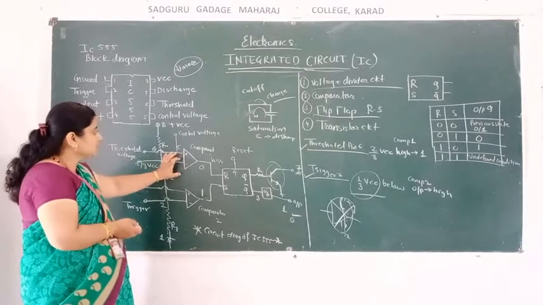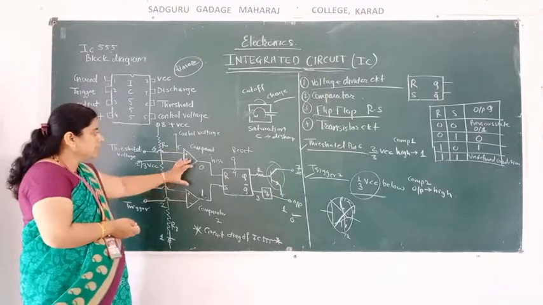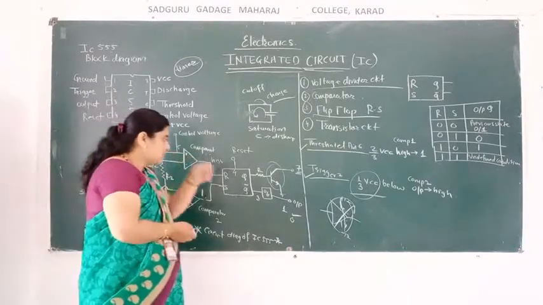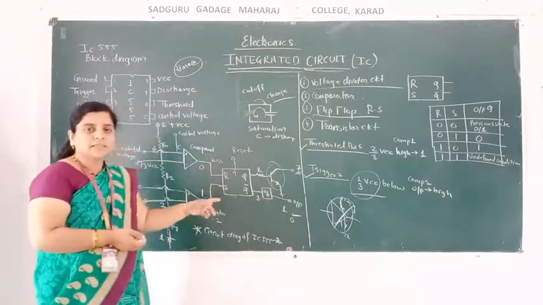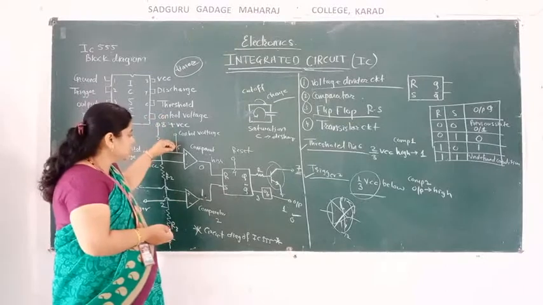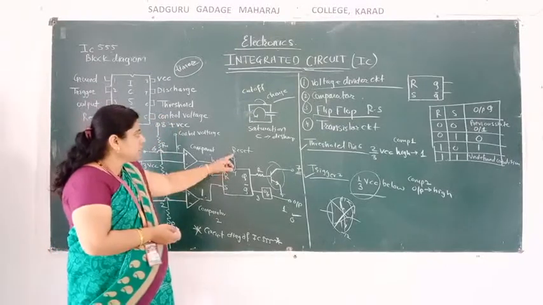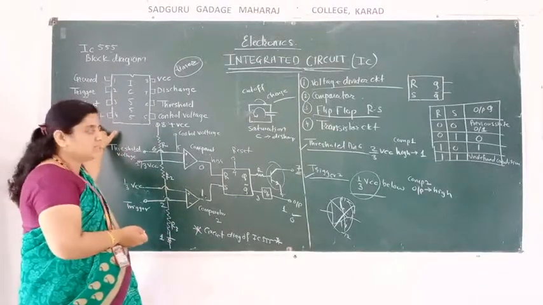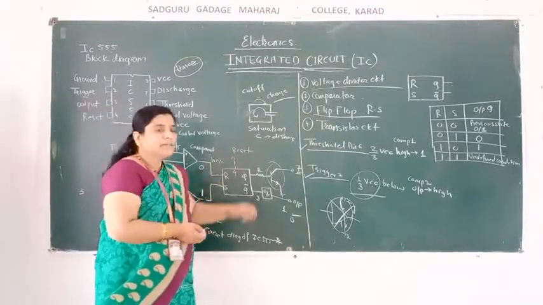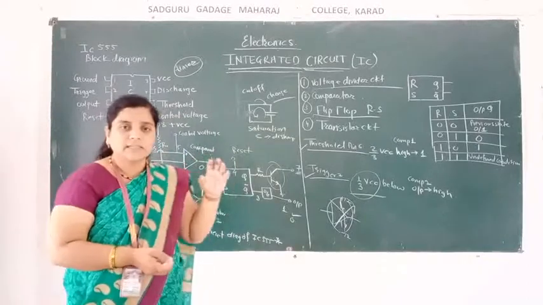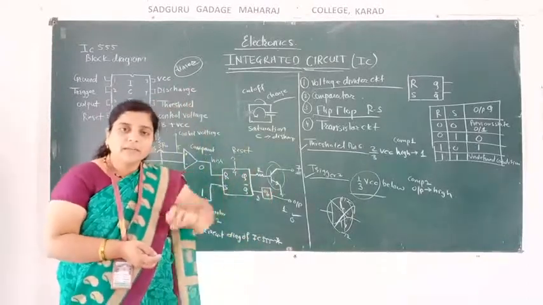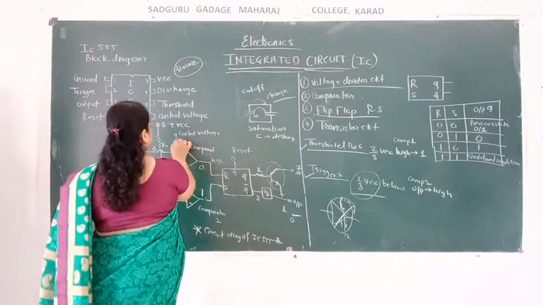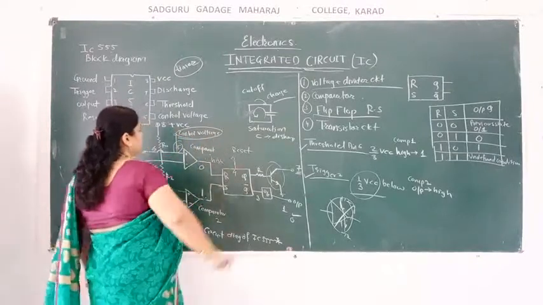So what happens in these two comparators, if we give the charging and discharging of the capacitor, then external voltage, reset resistor is there, reset pin number 4 is there. To reset the circuit it requires time, therefore time can be controlled by this pin number 5, that is the control voltage.